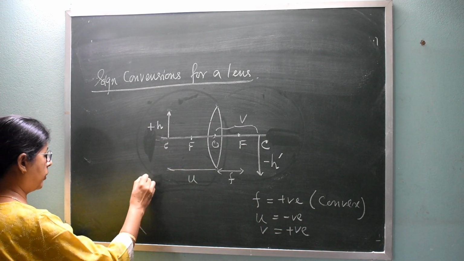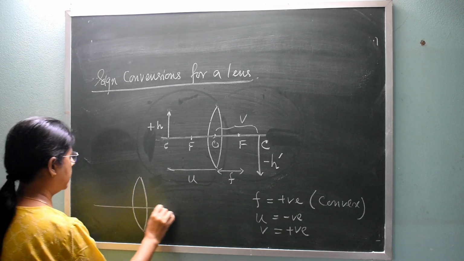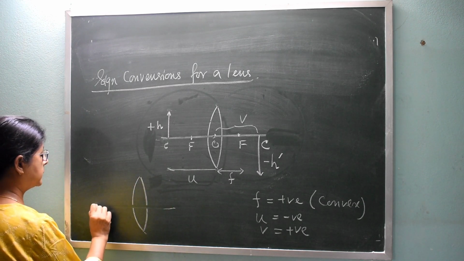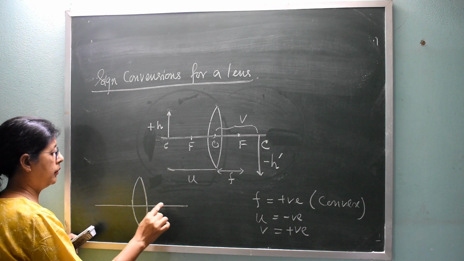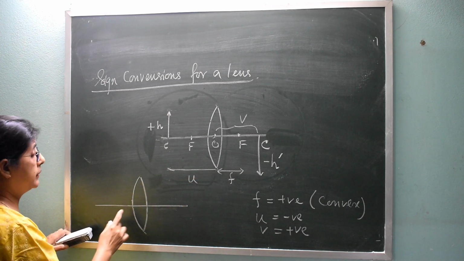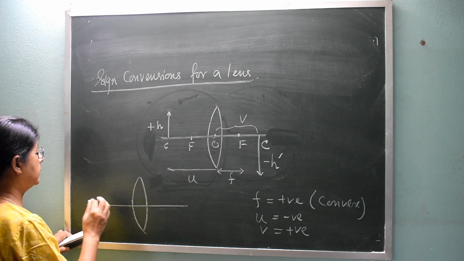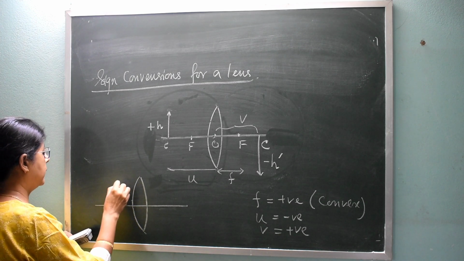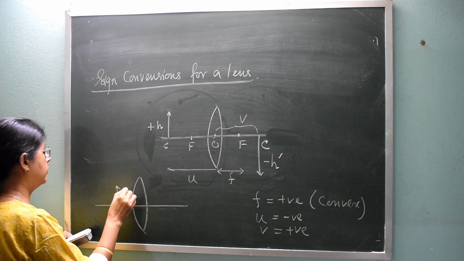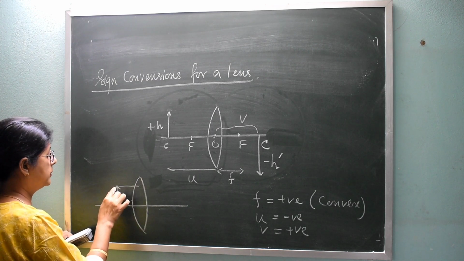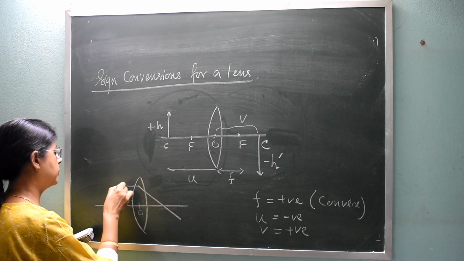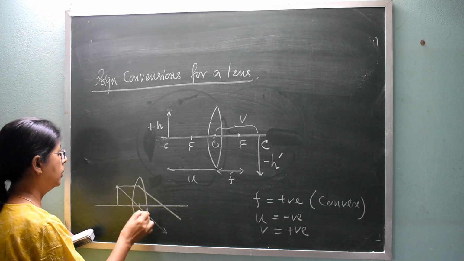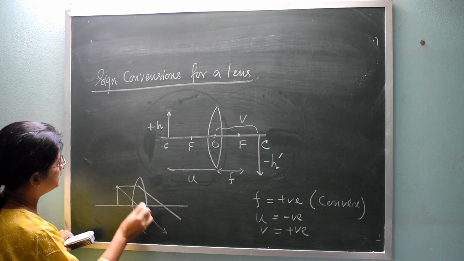If I draw the virtual image, I think I had explained image formation by ray diagram for lens, for the virtual image as well as the real image. In the case of a virtual image, the object is placed very close to the lens, one ray comes parallel and after refraction passes through F, one ray passing through O remains unchanged.